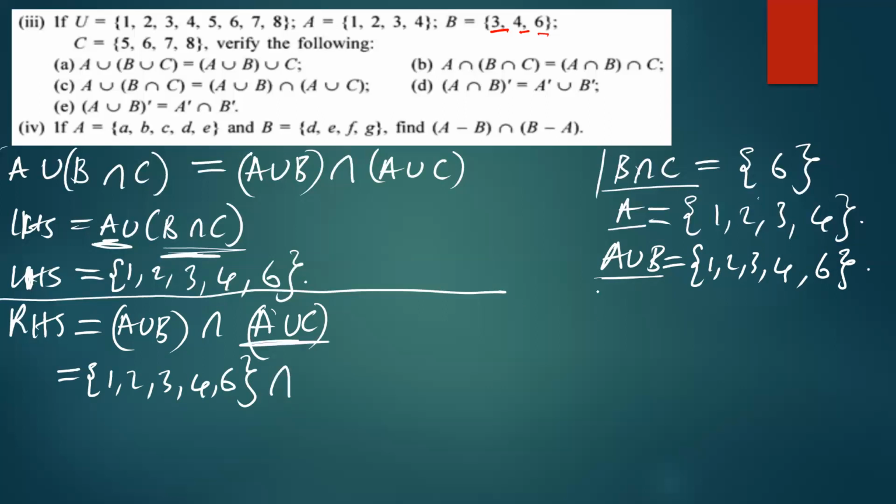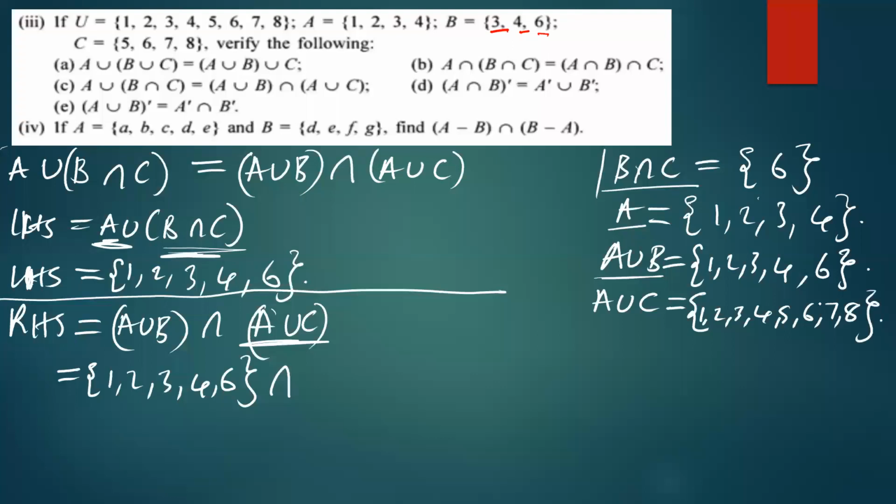So we also find A union C, which is simply a combination of A and C. In A we have 1, 2, 3, 4, and in C we have 5, 6, 7, 8. When you combine these two sets, you are going to have 1, 2, 3, 4, 5, 6, 7, 8.